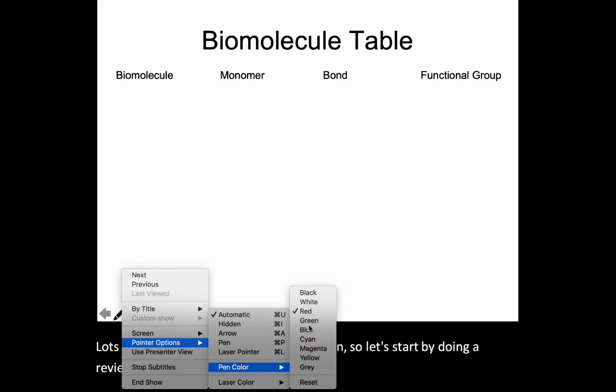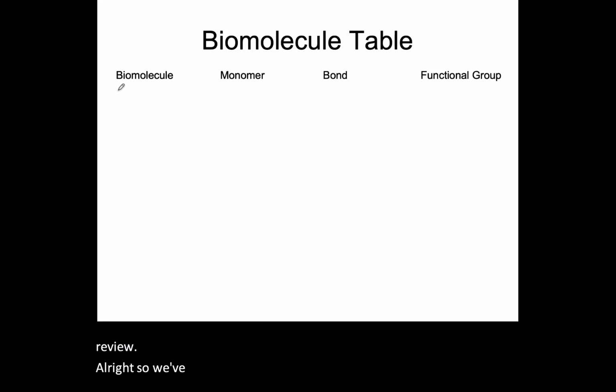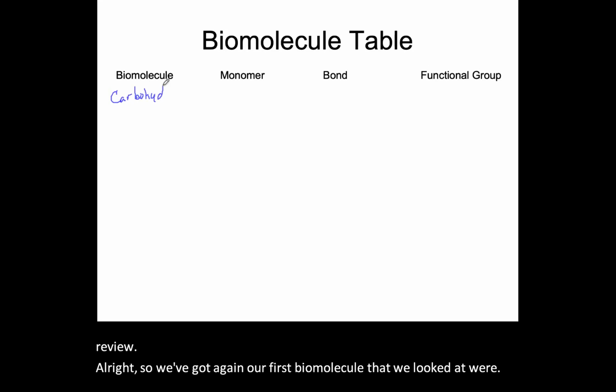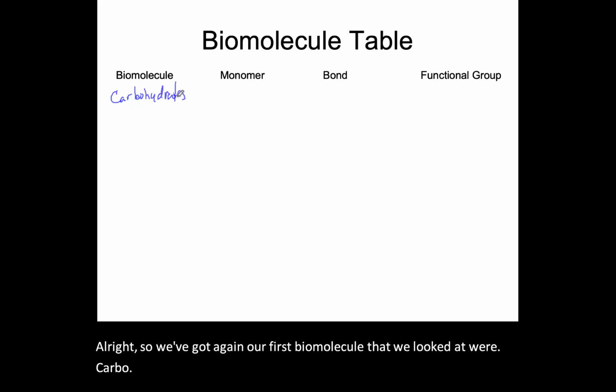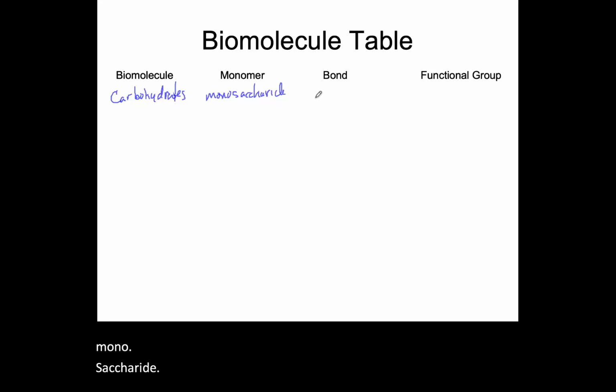All right, so our first biomolecule that we looked at was carbohydrates. And we know that the monomer for the carbohydrate was a monosaccharide. And that this was forming a glycosidic bond.